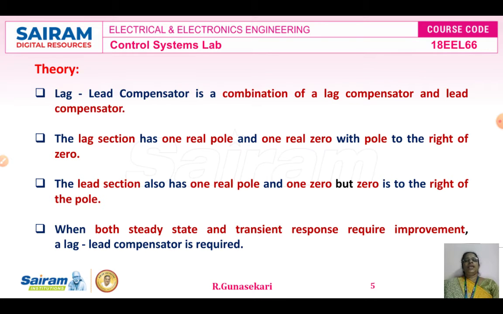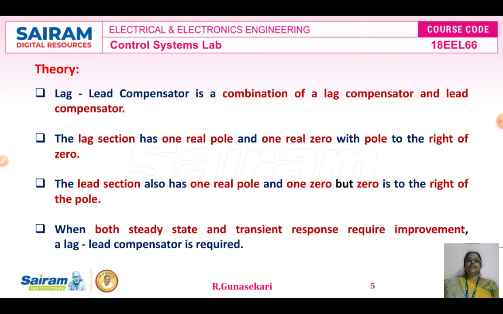Theory. The lag lead compensator is nothing but the combination of the lag compensator and lead compensator. In the lag lead compensator, the lag section has one real pole and one real zero, with the pole to the right of the zero.